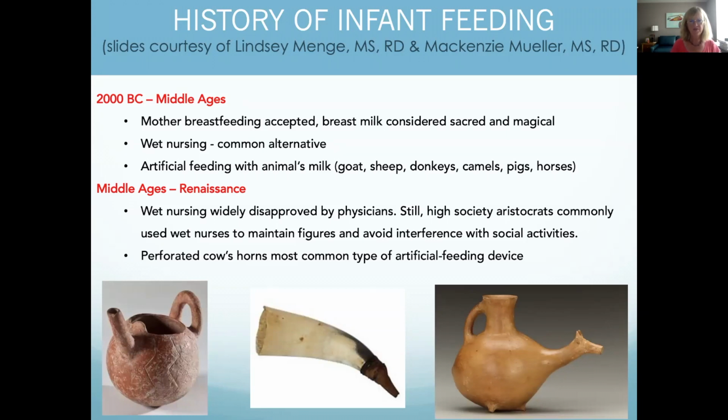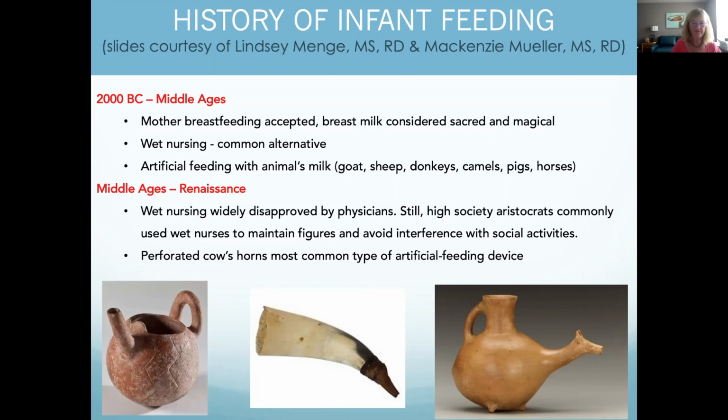But in these cases, people just kept having a kid about once a year because they weren't breastfeeding themselves. At the bottom you see the kind of vessels that were used for artificial feeding. When you look at those, what do you think about them? If you had a new infant, how would that work? Anybody? It's hard.